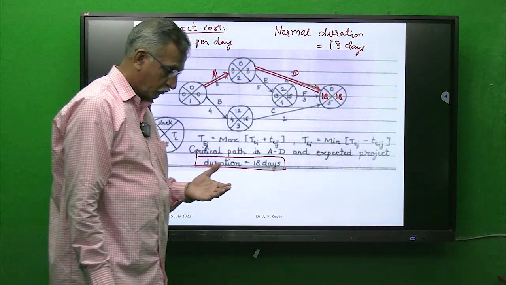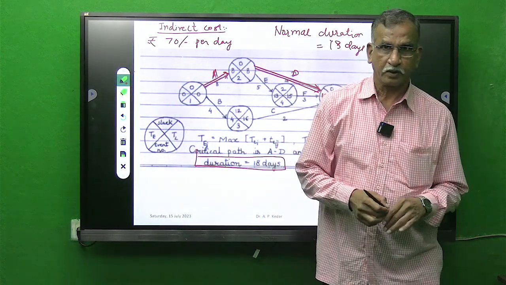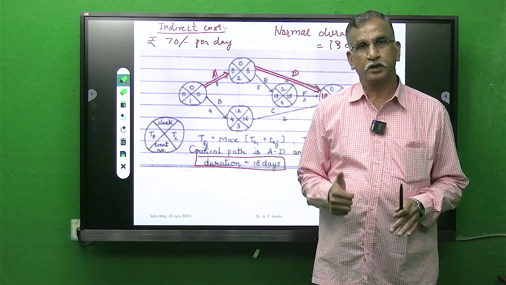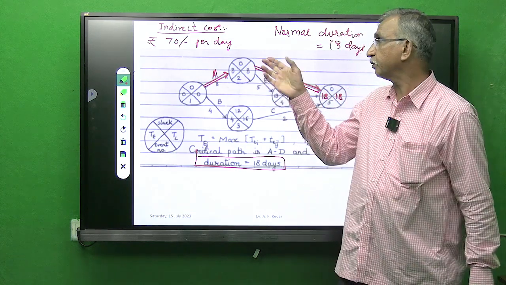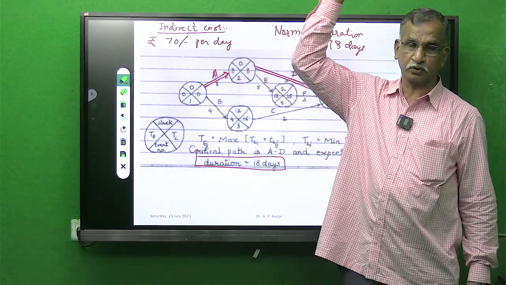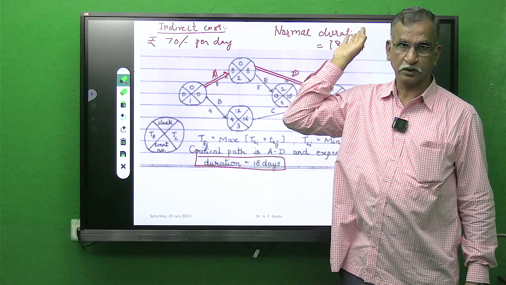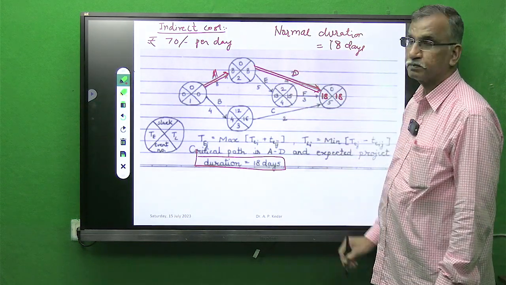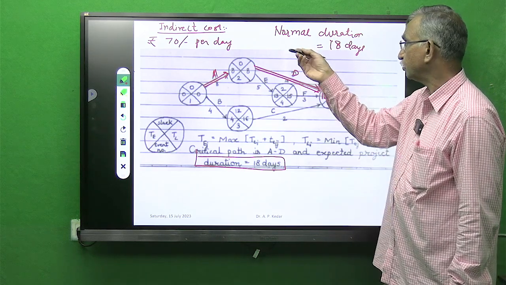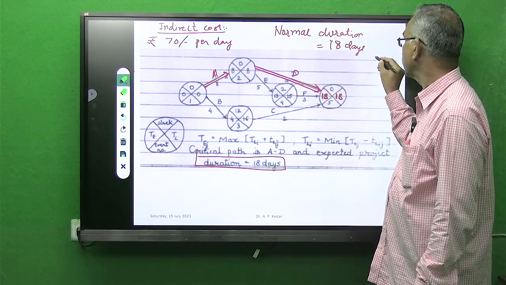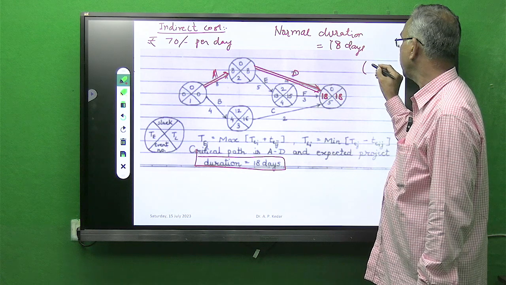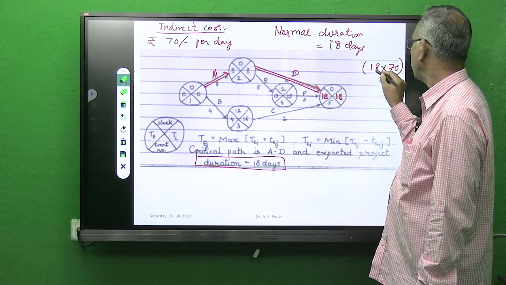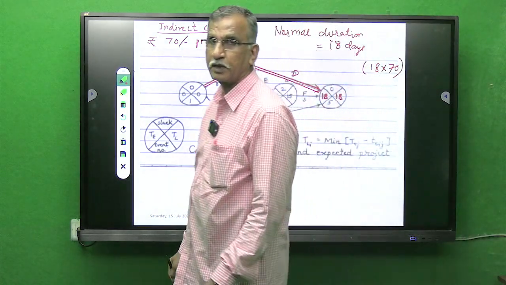Now, one thing you have to keep in mind: when you reduce the time duration of a project, initially if you consider normal time, the indirect cost will be for the normal duration. For this case it will be for 18 days. So if I want to add indirect cost into total cost, it will be 18 into 70.